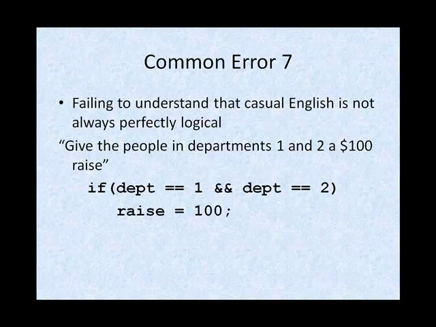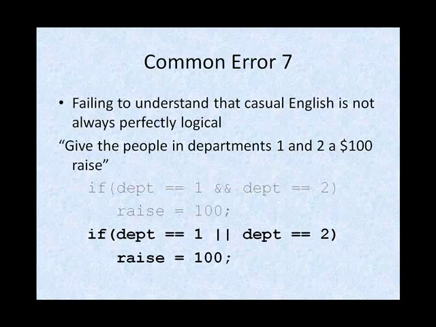But this statement can never be true. Department can never be 1 and 2 at the same time. If department is 1, it's not 2. And if it's 2, it's not 1. This statement can never be true. What you mean to have said is if department is 1 or department is 2, raise is $100.